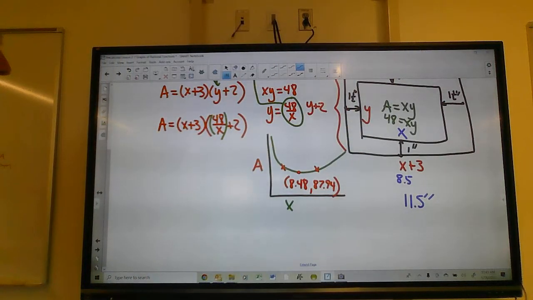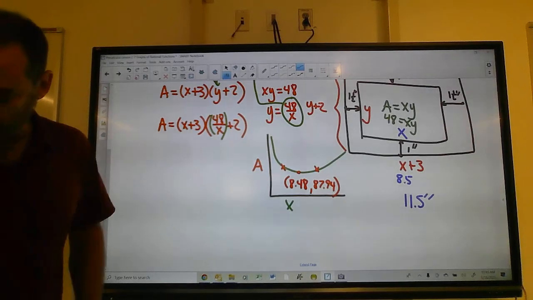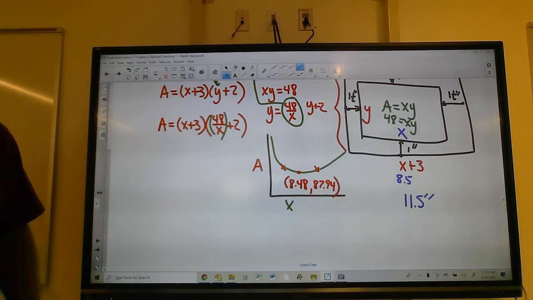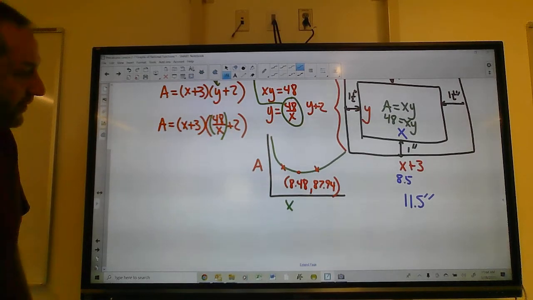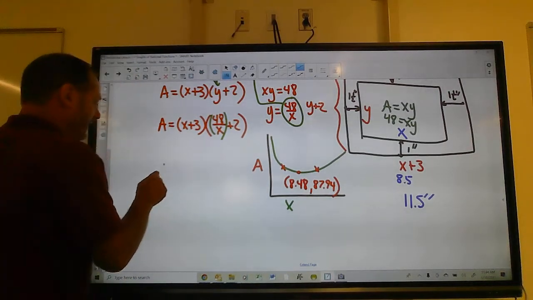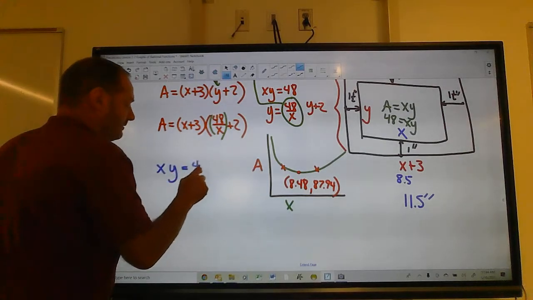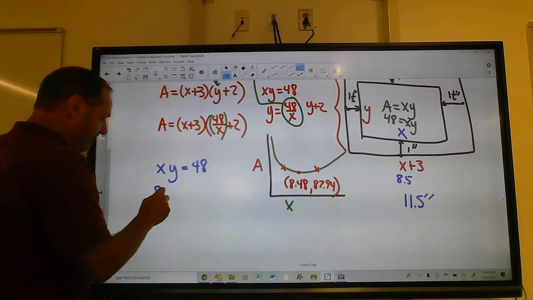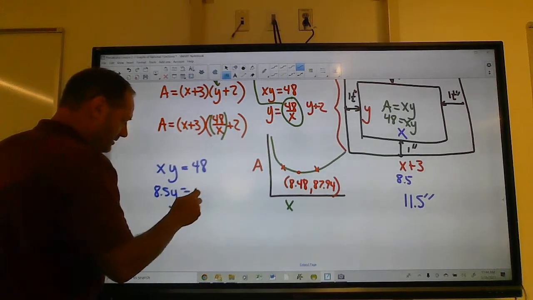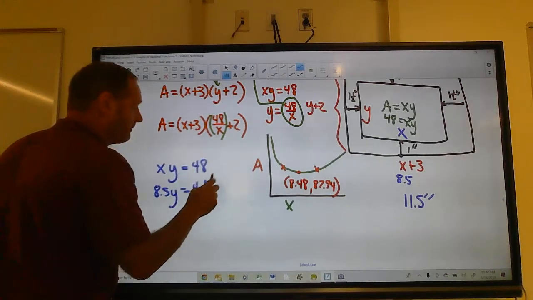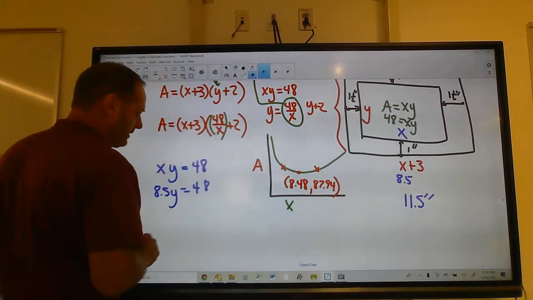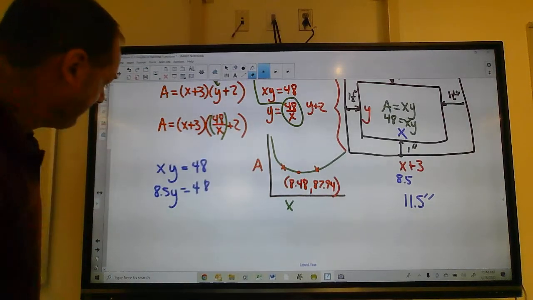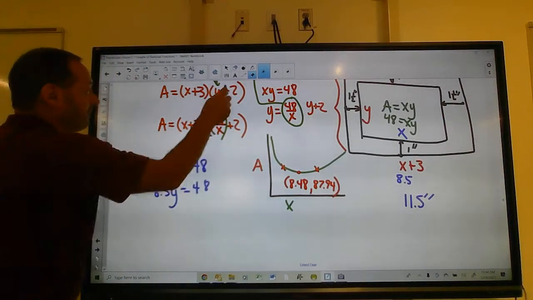Now I've got to figure out what the other side is. I know that x times y is 48, because we got that right here. So I'm going to put 8.5 in here. Whoops, not 4.8, 48. And I'm going to divide both sides by 8.5.